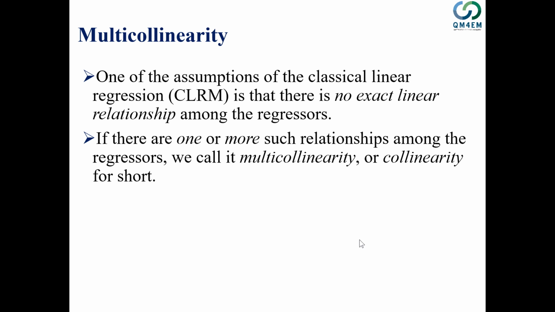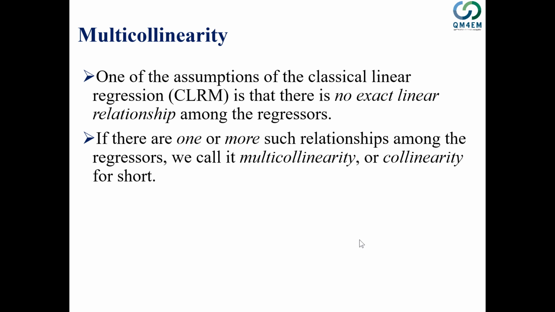It's like just two variables formulating just one relation, so we call it collinearity. And then if more than two variables are formulating more than one such relation, meaning linear perfect correlation, then we call it the case of multicollinearity.